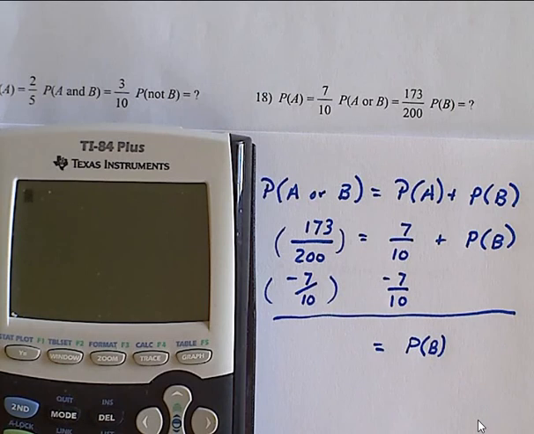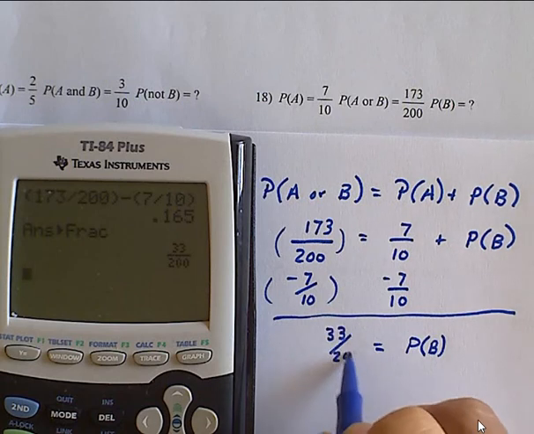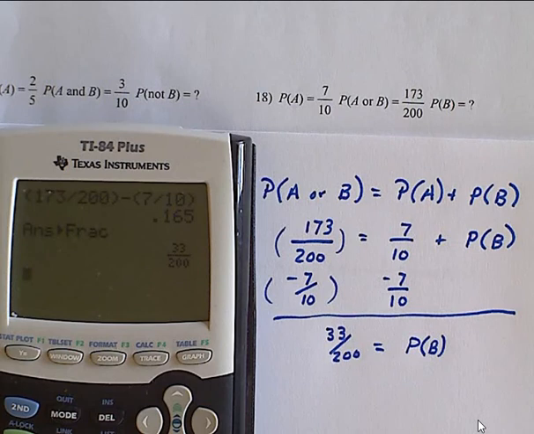Parenthesis 173 divided by 200, parenthesis, minus, okay, parenthesis 7 divided by 10, parenthesis, enter. So you get that decimal point 165. I'm going to go back to my math button, use the fraction key, and change that back. And it looks like 33 over 200 is my answer. Okay.